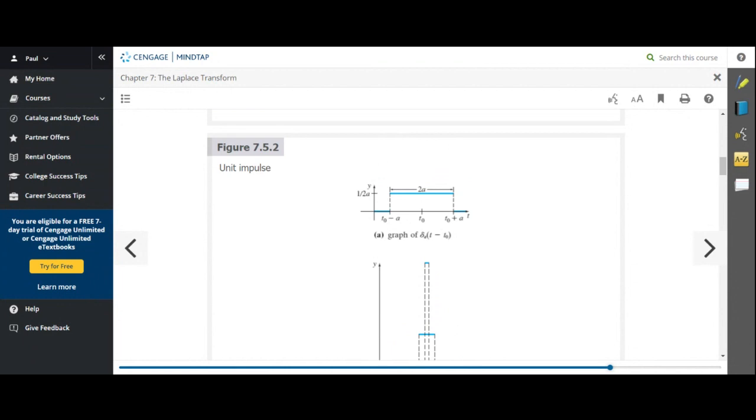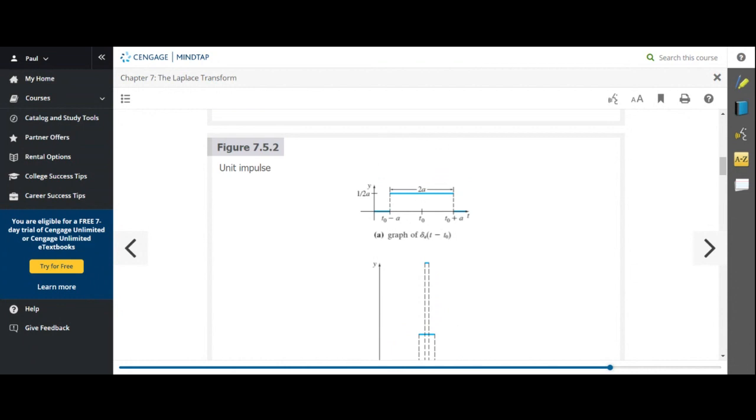When time is in the interval between t sub 0 minus a and t sub 0 plus a, this impulse function takes on a value. It's not equal to 0. So the width of this impulse function is going to equal 2a, and the height is 1 over 2a.